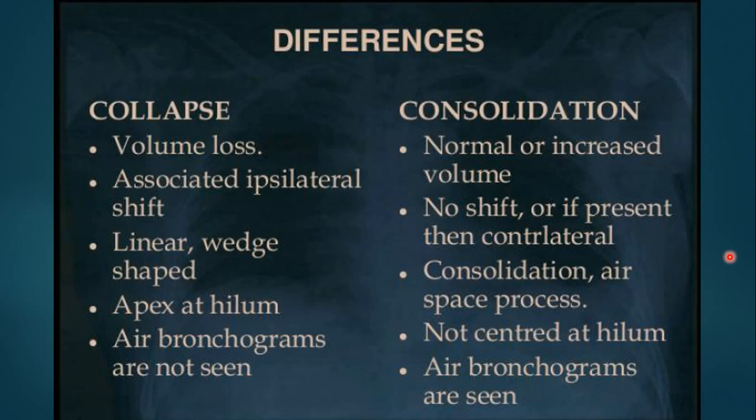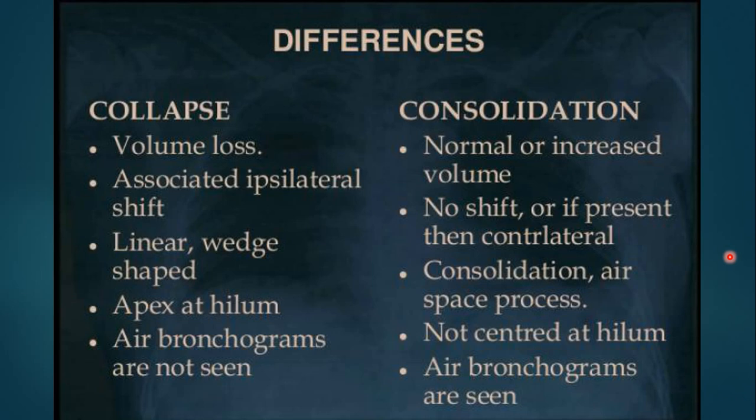Some segments of the involved lung lobe are collapsed, and some of them are consolidated and beginning to collapse. So if we see air bronchograms plus signs of collapse like volume loss, this indicates we have a consolidation collapse. The process started as consolidation and now it's progressing to collapse.